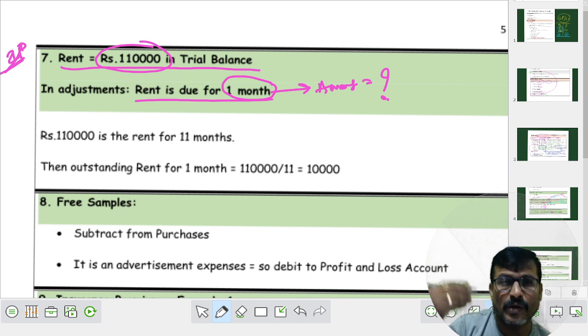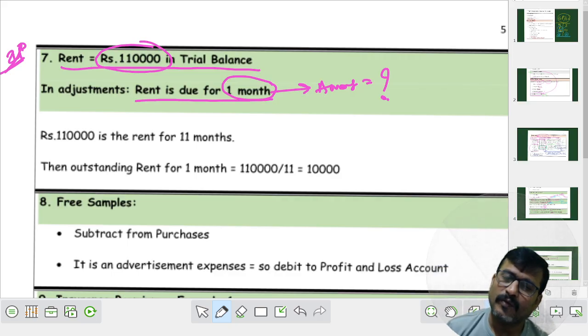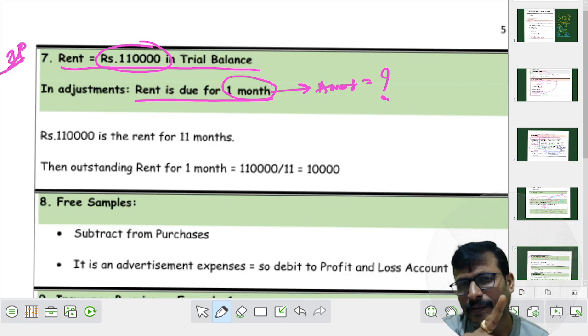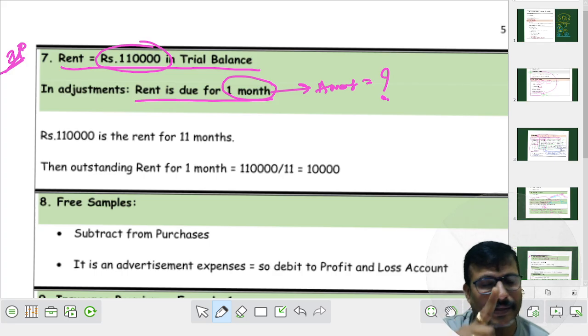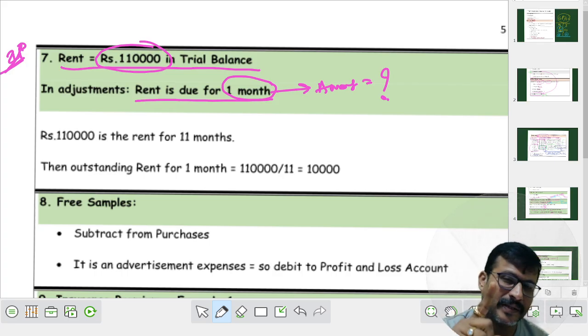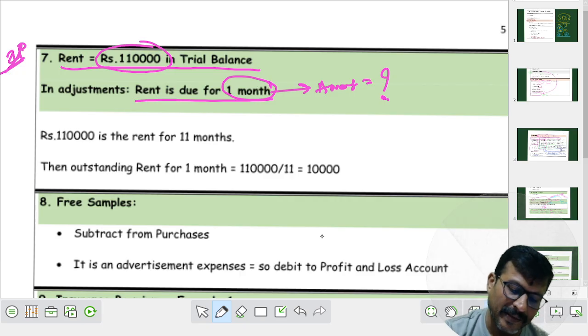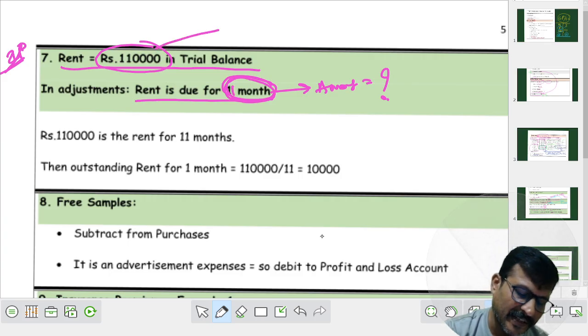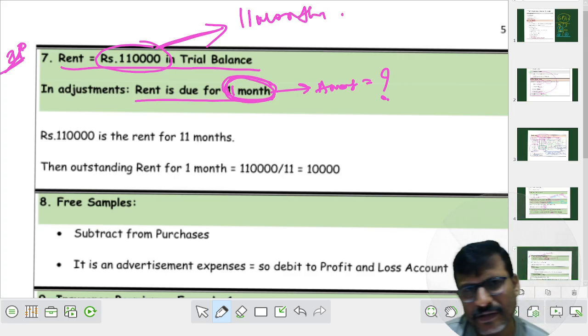Then how to work it out, how to think? In 1 year there are 12 months. But he is telling that 1 month rent is outstanding. When 1 month rent is outstanding, we can say that 1,10,000 is the rent of how many months? It is the rent of 11 months.